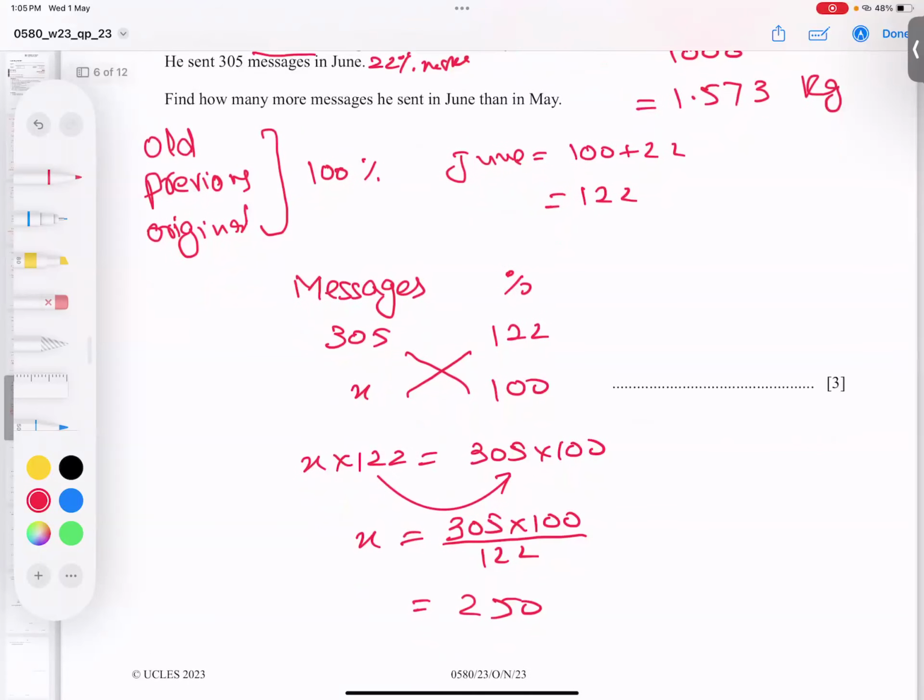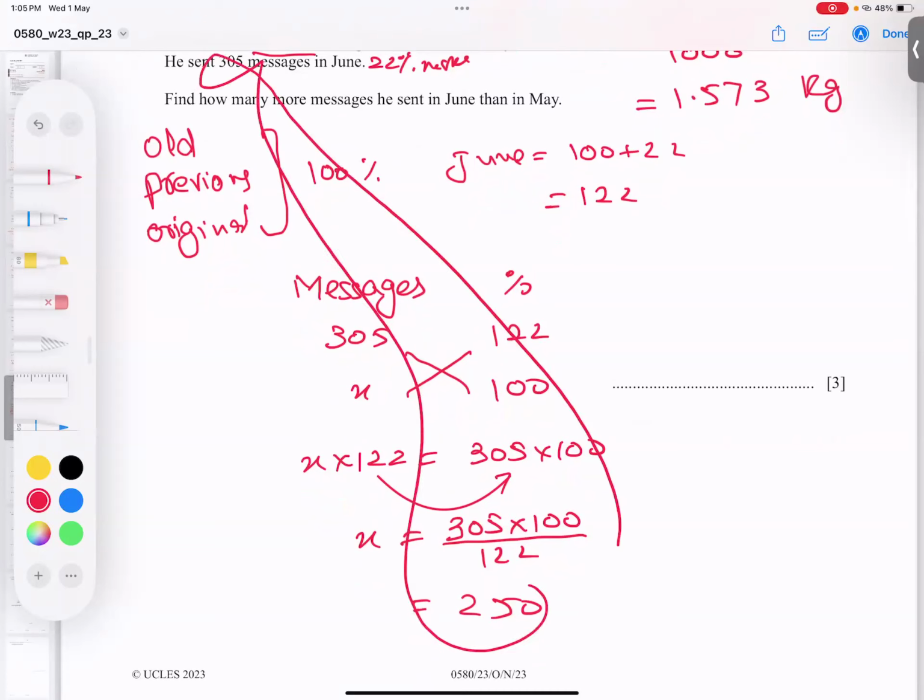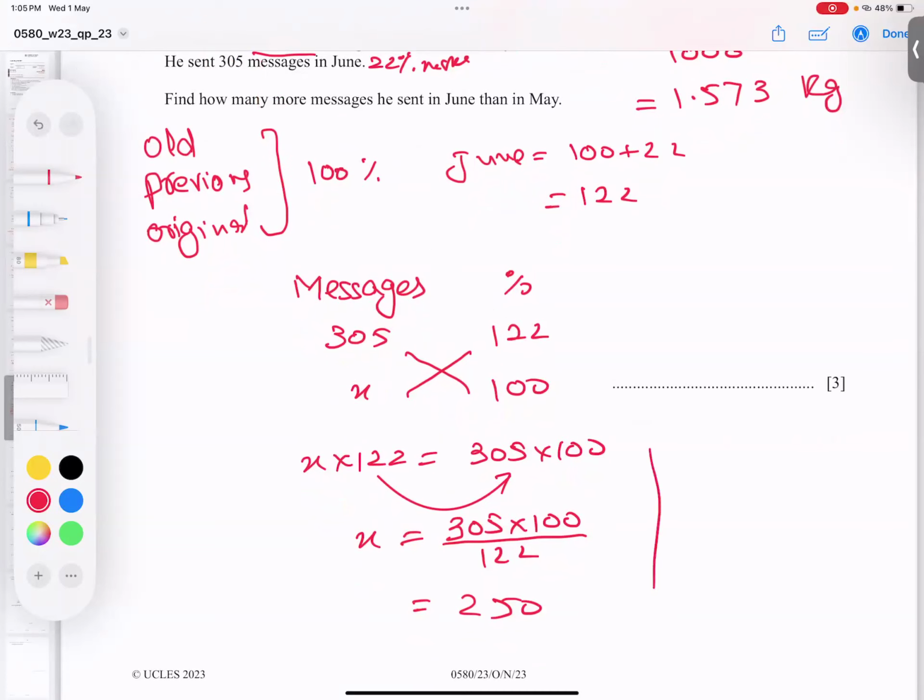How to subtract? Because June is this and May is this. So how much difference? 305 minus 250, and the difference comes to 55 messages more.